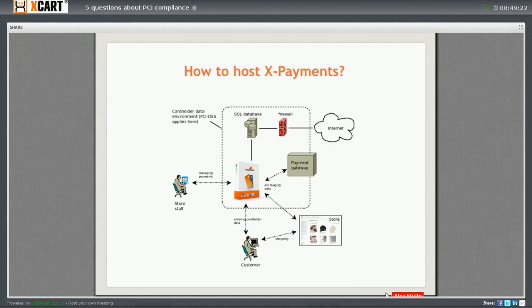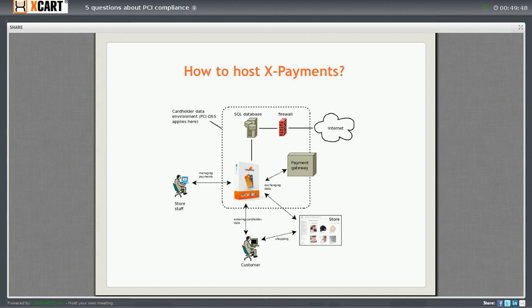Also, I wanted to address one of the frequently asked questions about X-Payments: how to host it. X-Payments, as I said earlier, is a separate payment application that was certified under PA-DSS requirements, and it can be installed on the same hosting as your shopping cart software.